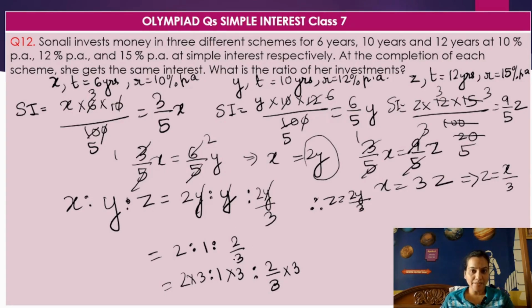What we are having here in case of z is a fraction. I don't want a fraction. That is why I am multiplying 3 so that the 3 cancels out. So 3 will get cancelled out here. So after cancelling out, what we get is 6 is to 3 is to 2. This is the ratio of our investments in all the 3 different schemes.